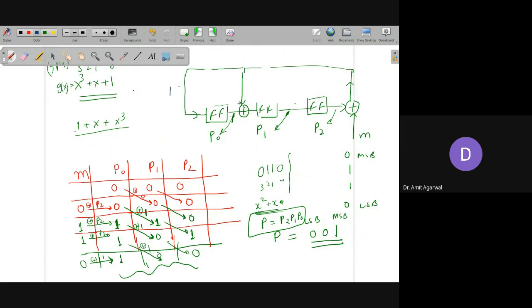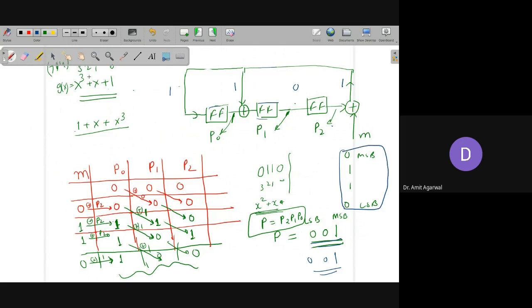So 1, x, there is no x square, there is 0, and x cube. So put a XOR, except this, right? And in between, just put a flip flop or shift register. And this is P naught, P1, P2. So you will see that the corresponding parity will be 001 for the data word 0110.